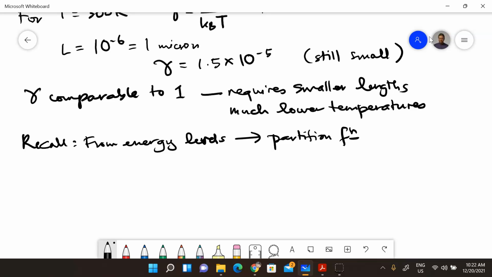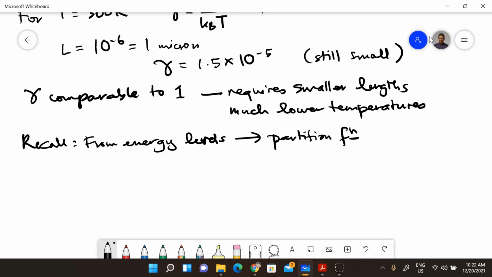Let's write that down, and just to highlight this particular property so that one understands what one is writing down: it is just a partition function that corresponds to a particle moving in a line.